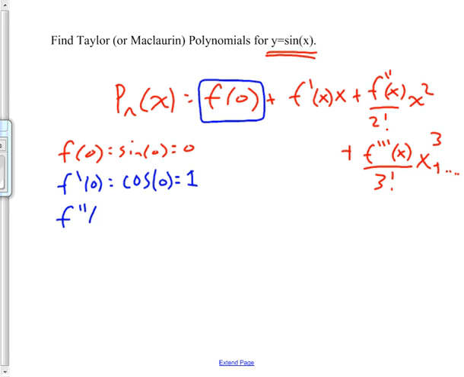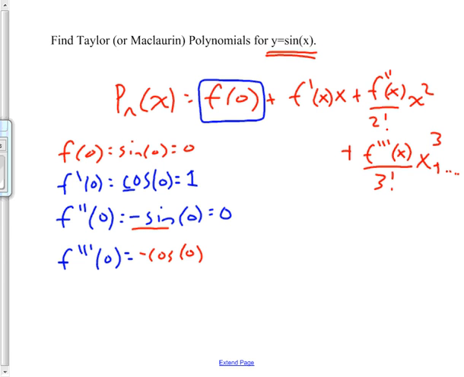And f double prime of 0, well, the derivative of cos is negative sine, and evaluating at 0, that's 0. Let's take the third, f triple prime of 0. Well, the derivative of negative sine is negative cos of 0. Negative cos of 0 is -1.